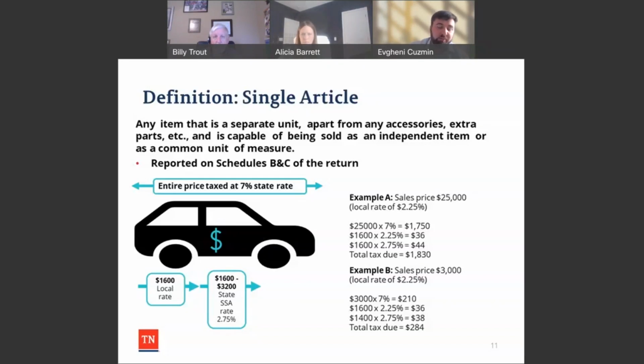There are a few tax rates that are basically the same across Tennessee, but a sale made in Memphis to a Memphis customer needs to be sourced to Memphis, and then a sale made to a customer in Shelby County, which is an unincorporated area. So sometimes even if the address states Memphis, but the actual location is outside of the city, that sale needs to be reported to Shelby County. And the way you would do that, you would select on Schedule E which location the sale was made to.